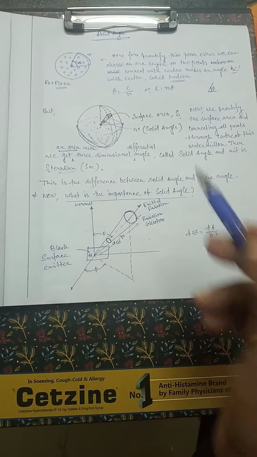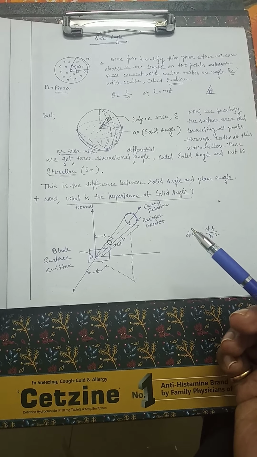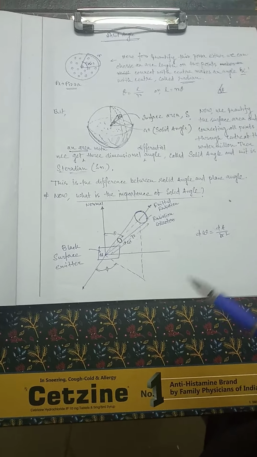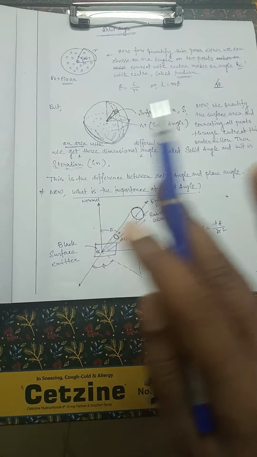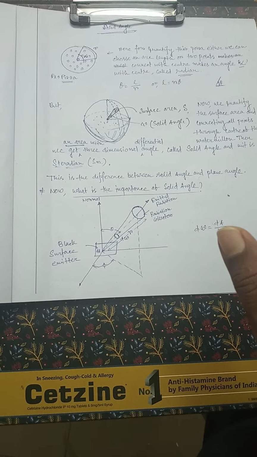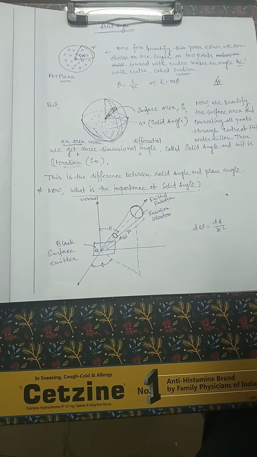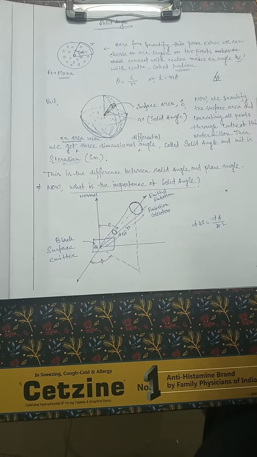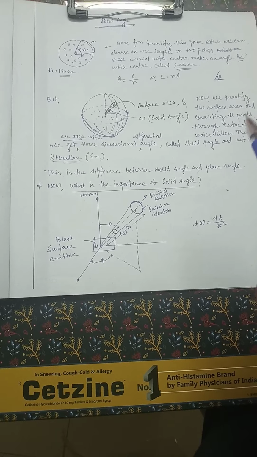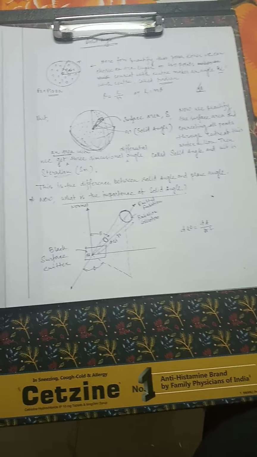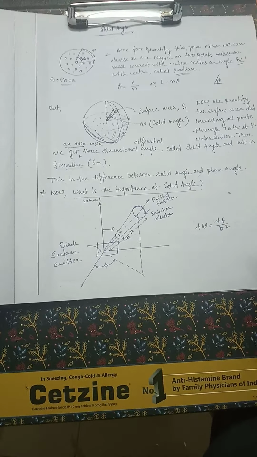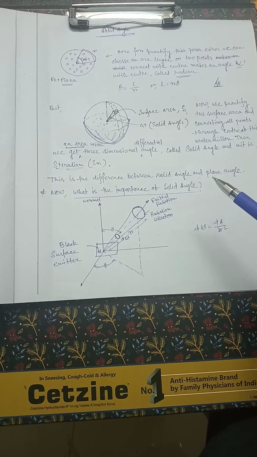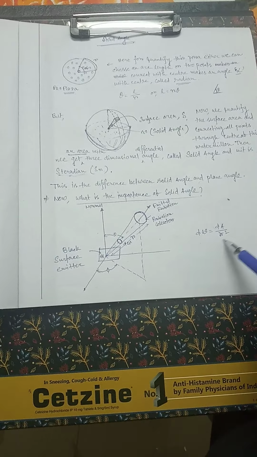Now, this is the basic difference between a two-dimensional and a three-dimensional angle. For a two-dimensional angle we consider only the length of the section and the corresponding arc of two points, so length per radius is L by R. And solid angle is defined by the surface subtended by the area at a point divided by r square.